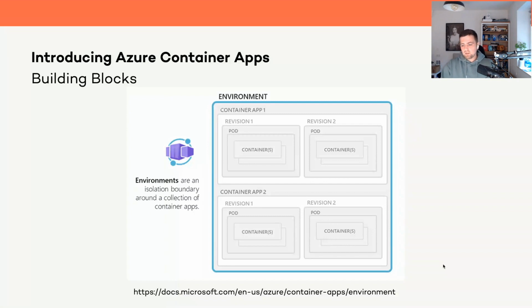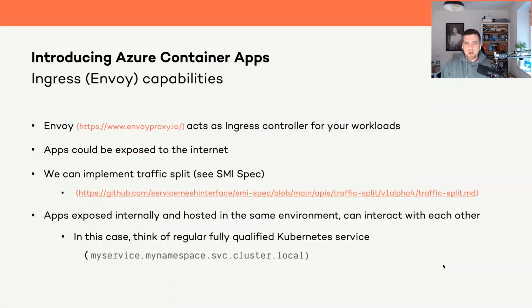And this leads us to one of the building blocks, which is the Envoy Ingress proxy. An Ingress controller is responsible for routing HTTP or network requests to services running in Kubernetes.